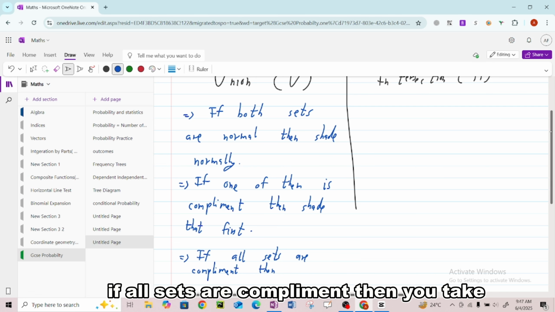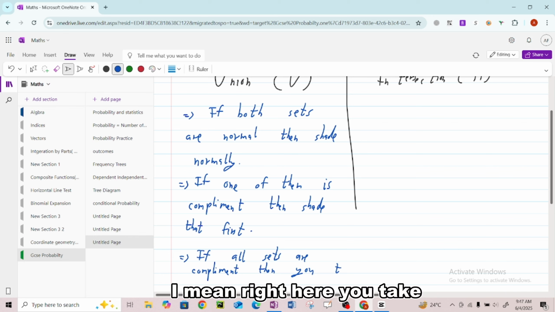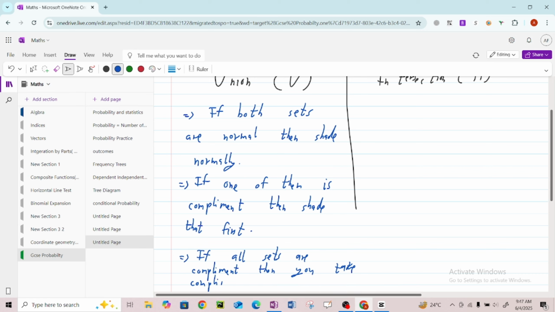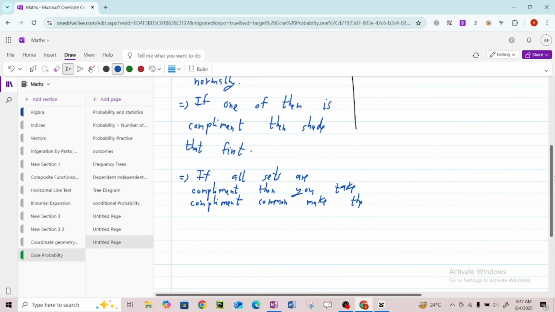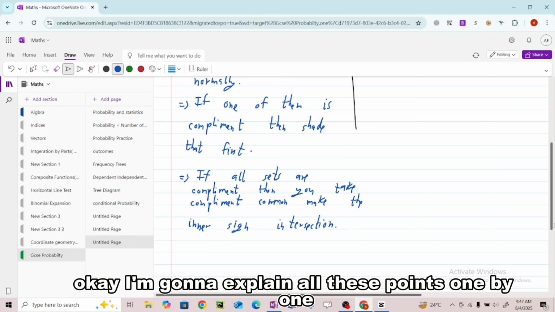You take the complement common and make the inner sign intersection. I'm going to explain all these points one by one.